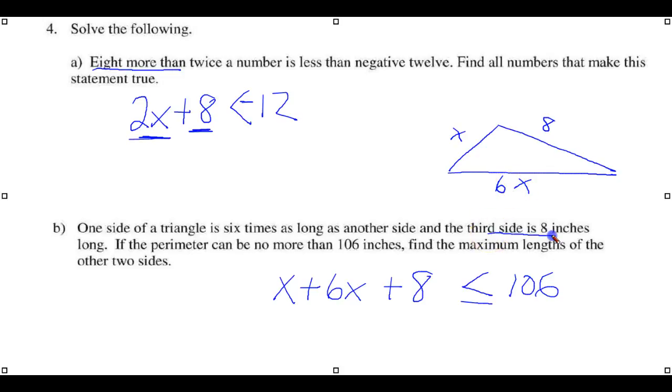And the third side is 8 inches long. Find the maximum lengths of the other two sides if the perimeter can be no more than 106. So that would have to be less than or equal to 106. And the answers are below.